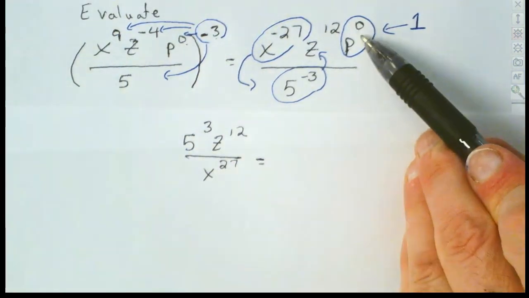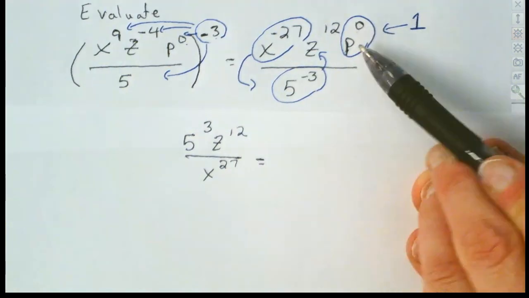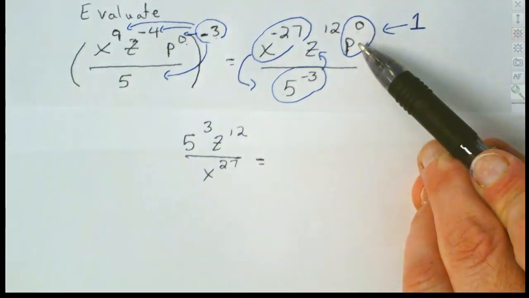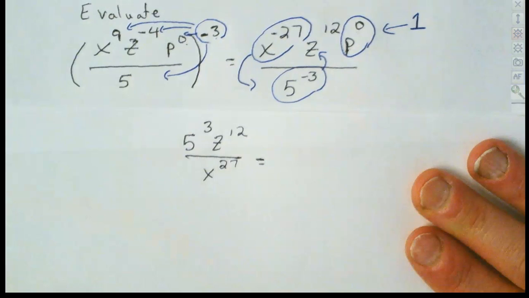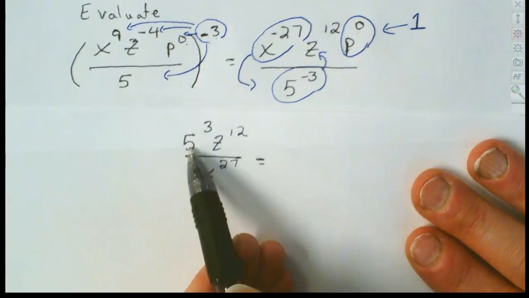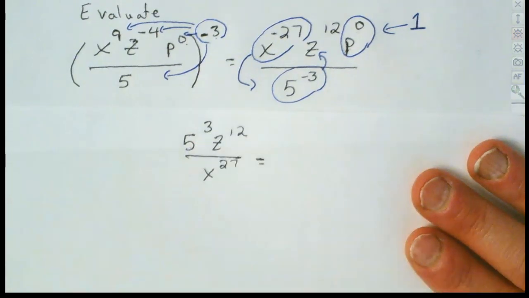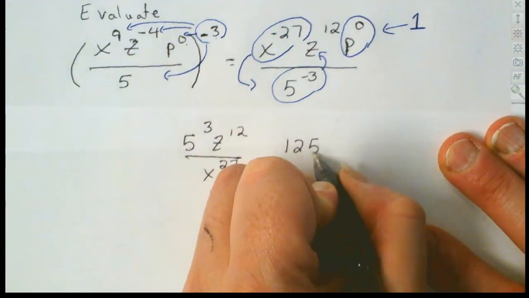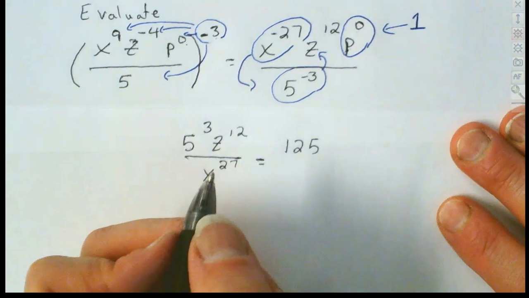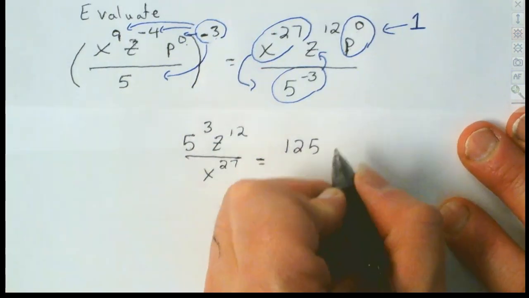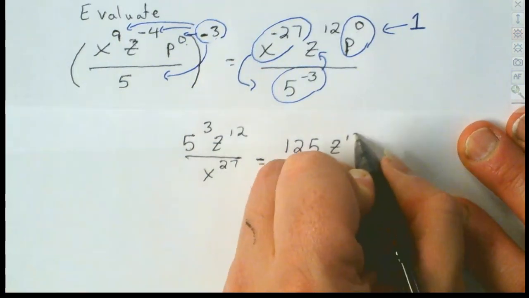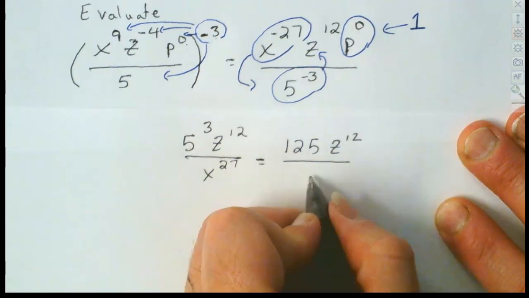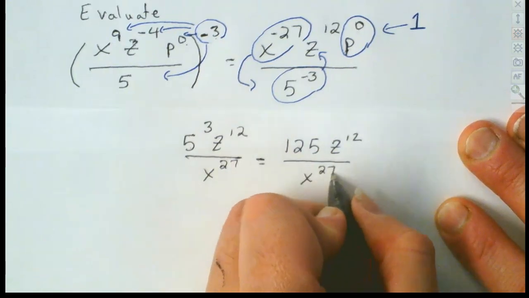P to the 0 power, that's just 1, so we don't even have to write it. It's gone. We can go one more step because 5 to the third is a pretty small number, and 5 to the third power is 125. So my final answer would then be 125 z to the 12th power over x to the 27th power.